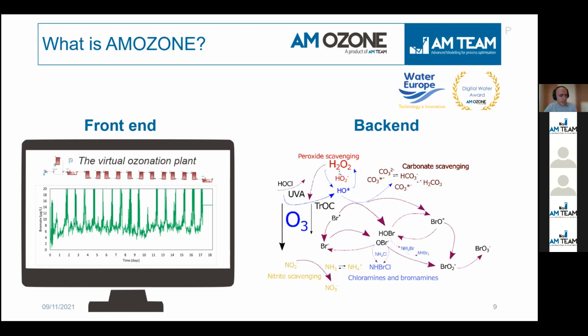And with these reactions, we can predict the micropollutant removal and the bromate formation in real time. We are also very proud to say that we won the Digital Water Award for this tool. And we use this tool to help designers and operators of ozonation plants with a better performing system.